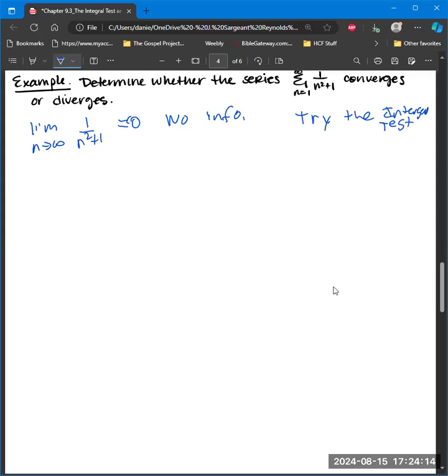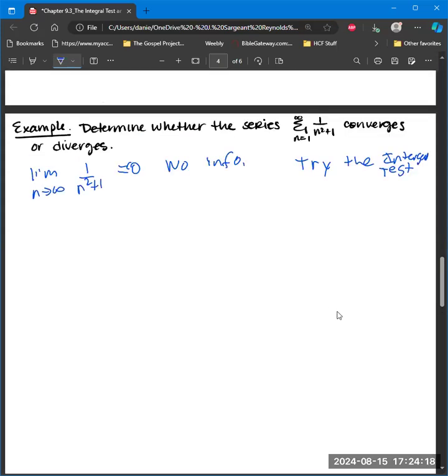So is it positive? We have no zeros and no asymptotes. So for f of x, just stick a number in as a test point. f of 0 is equal to 1 over 0 plus 1, is 1 over 1, is 1, which is greater than 0. So we're going to be positive for all real numbers.